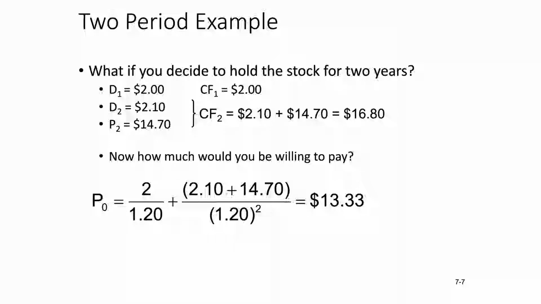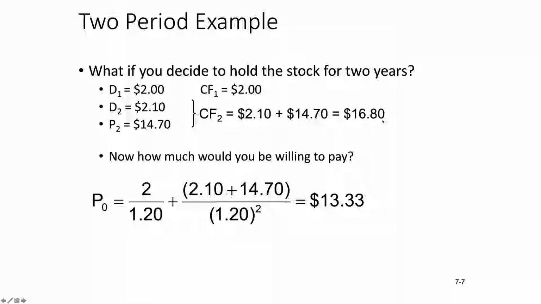The first cash flow is the dividend you receive, $2. Next cash flow at the end of second year is the second year dividend plus $14.70, your expected selling price. So the net cash inflow at the end of second year is 16.8.